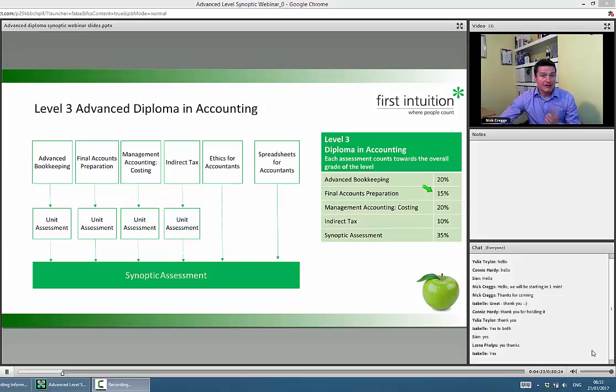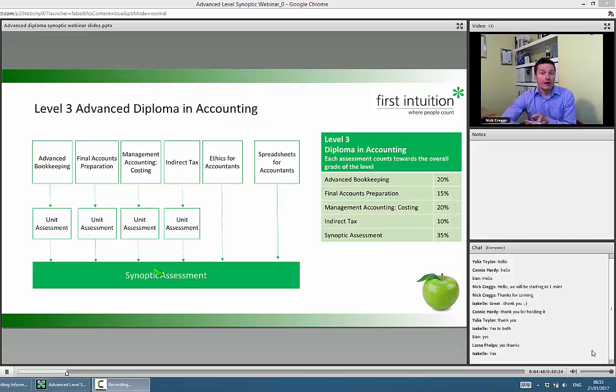But the one thing I want to stress here on AQ 2016, you actually sit 5 exams. On AQ 2013, you would have sat 6. However, one of them, Synoptic, covers all 6 units. And the Advanced Diploma, or Level 3 in old school names, is the only level where the Synoptic covers every single unit at that level.